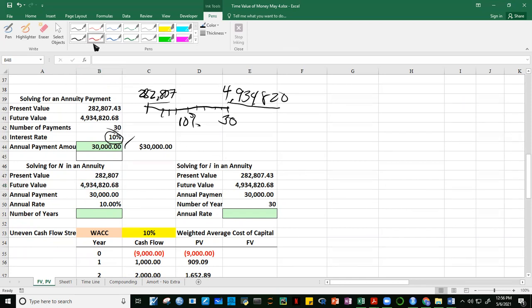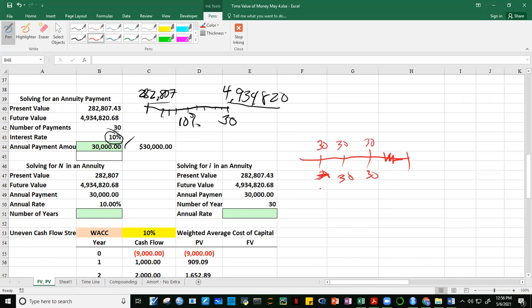Yan, ulitin ko ha. So sabi daw dito, kasi parang dalawang two ways to do this. Kasi alam natin yung present at future value. So 30,000 daw, mali. Tama, 30 pala. So dito ko lalagay 30,000.